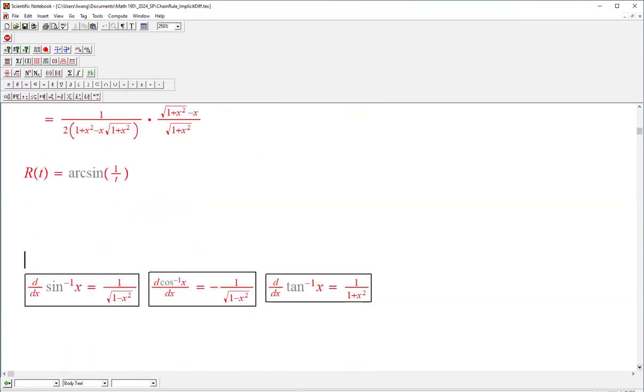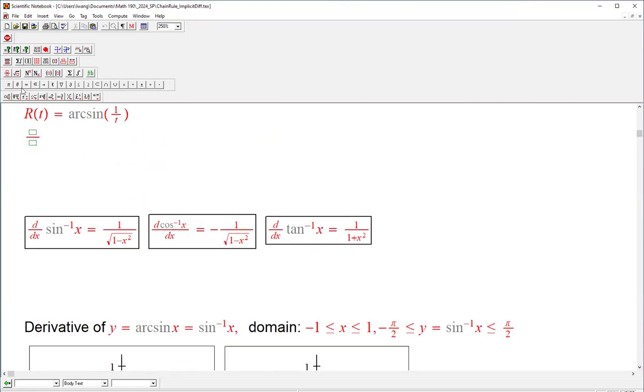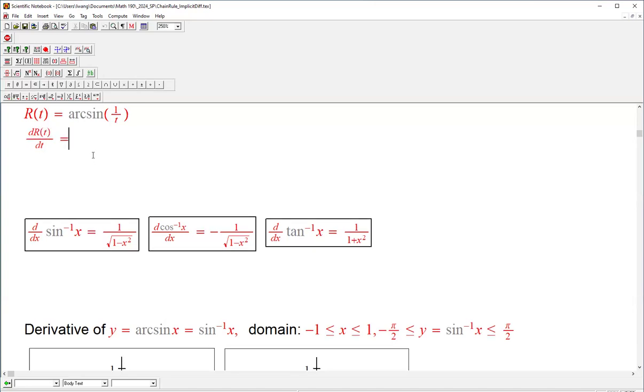Okay, and of course we're going to differentiate it with respect to t. So capital R of t. The derivative is going to be the chain rule. Let's do this a little bit faster, okay? We have a u, 1 over t is a u, so the derivative of arc sine is 1 over square root of 1 minus x squared.